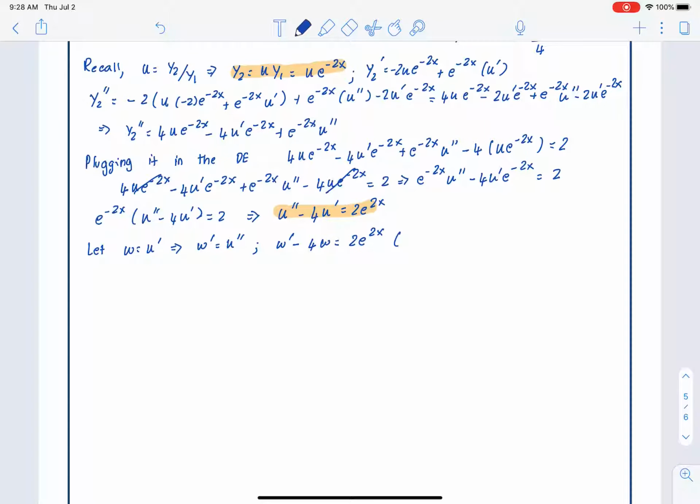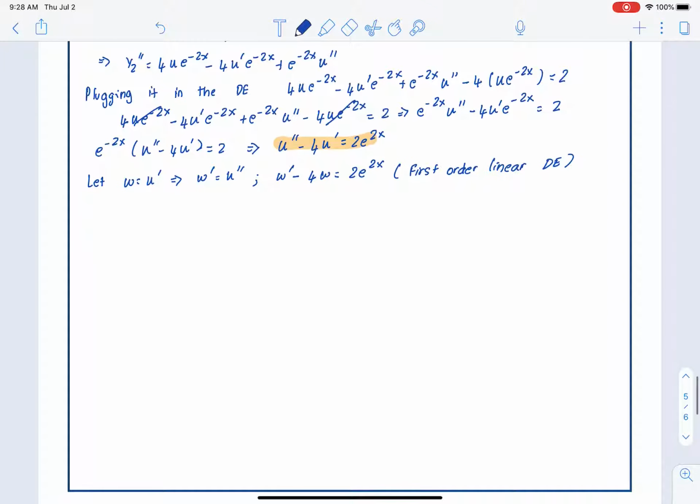Now that is a first order linear DE. And we know that we have several methods to find the solution to a first order DE. Unfortunately, this is not a problem that can be done with the method of separability. So we've got to use the method with the integrating factor.